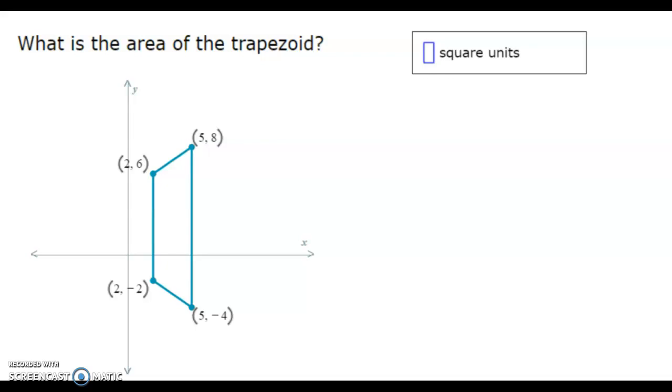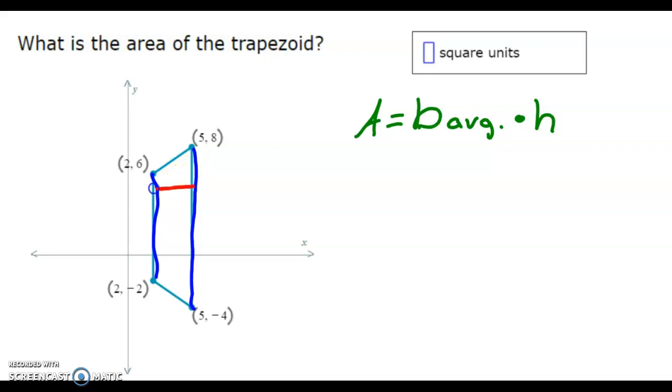For a trapezoid, again, we're using the terminology that the area is equal to the base average times the height. So in order to find that base average, we need to know these two measures, base 1 and base 2. And we also need to know the height. That is perpendicular.